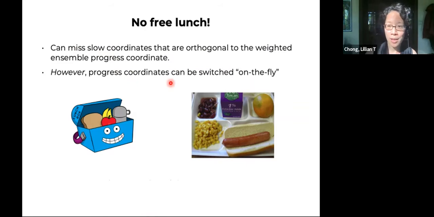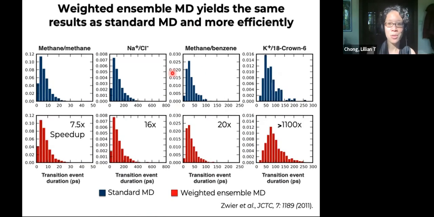So the study that convinced my lab to proceed with weighted ensemble MD was a number of benchmark systems that we used for molecular association. So starting with association of methane-methane in explicit solvent, and then increasing in complexity.